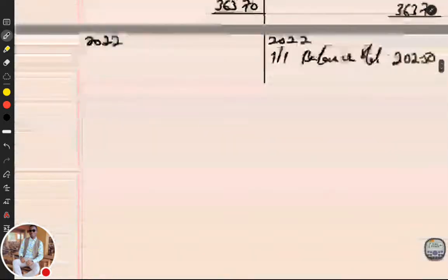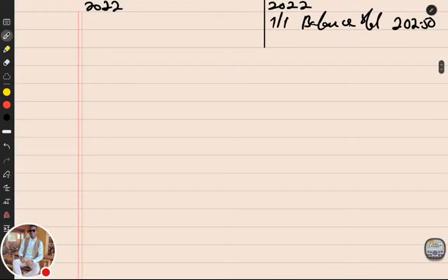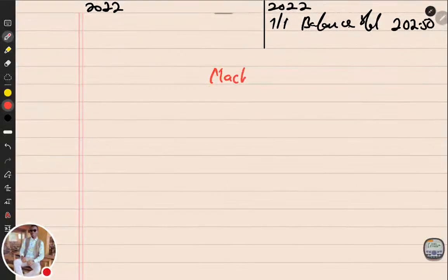So machine disposal account. So we will have it also coming up as machine disposal account. So we're going to prepare machine disposal account for the two assets that we have disposed of.